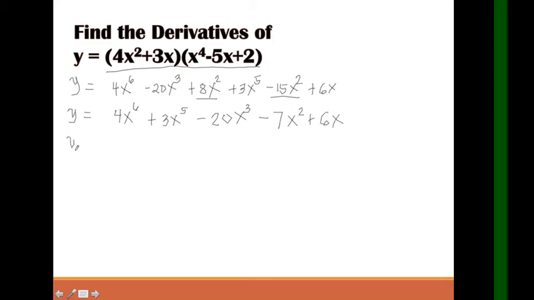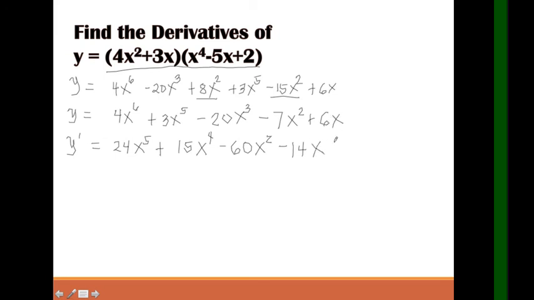Okay, now pwede na natin kunin yung derivative niya. That is 6 times 4 is 24x, 6 minus 1 is 5, plus 5 times 3 is 15 x raised to 5 minus 1 is 4. Negative 20 times 3 is negative 60 x raised to 2 because 3 minus 1 is 2. Then negative 7 times 2 is negative 14 and 2 minus 1 is 1 so meron pang x.